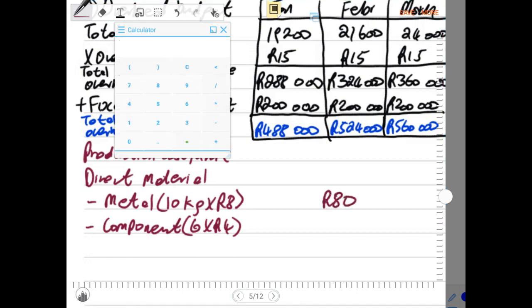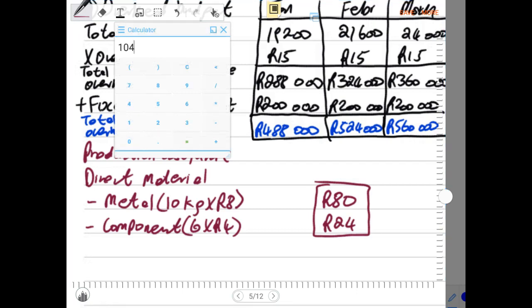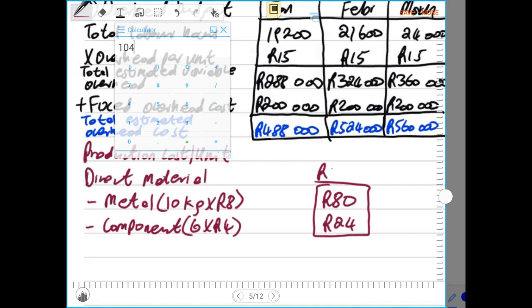Then 6 times 4 gives us 24 rands. Then we add the two: 80 plus 24. Therefore our direct material cost per unit will be 104 rands.